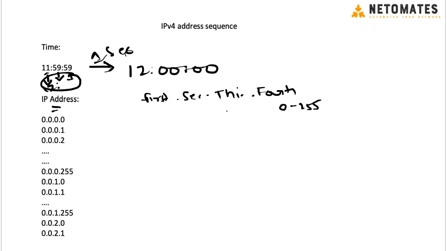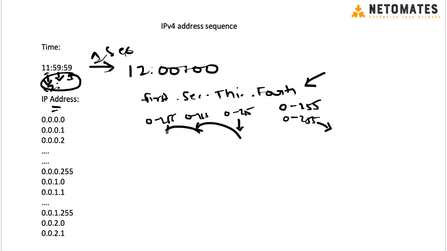You should start filling on the right side. If this value goes from 0 to 255 and you want to add one more, the next value you should add is here. Similarly, if everything is filled up here, you will add it here, and it applies all the way to the first octet.